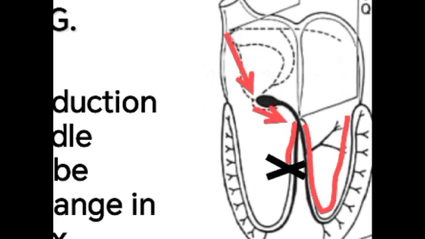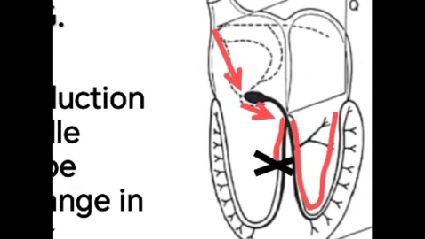So the electrical current goes from the sinoatrial node to the AV node, then to the bundle of His, and first it activates the left, then it goes from the left to the right. So the axis will be from the left to the right.